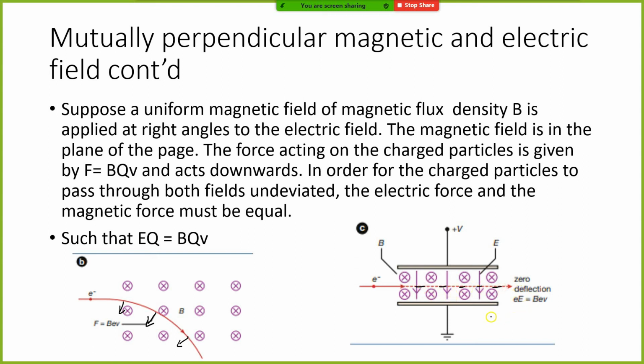And that is when we're saying that the force caused by the electric field is equal to the force caused by the magnetic field, where we know the force of the magnetic field as B times Q times V, and we know the force caused by the electric field as E times Q, right?